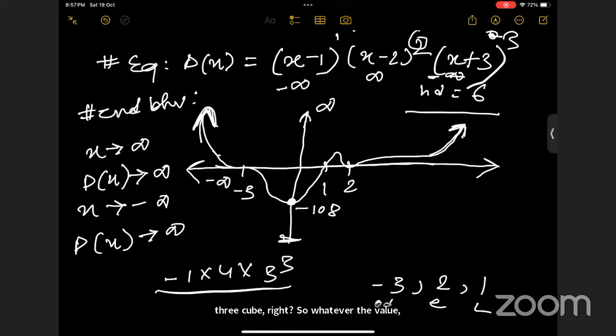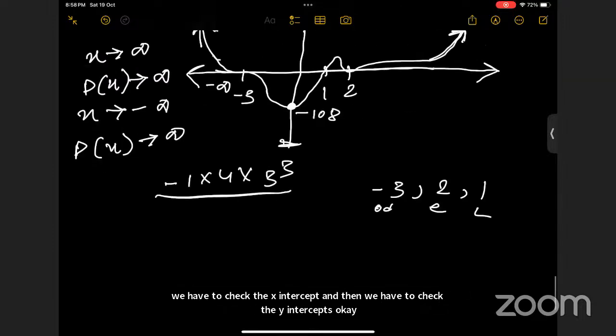So if we want to draw the graph of any given polynomial, we first check the end behavior, then the x-intercepts, and then the y-intercept. So these are the 3 rules.